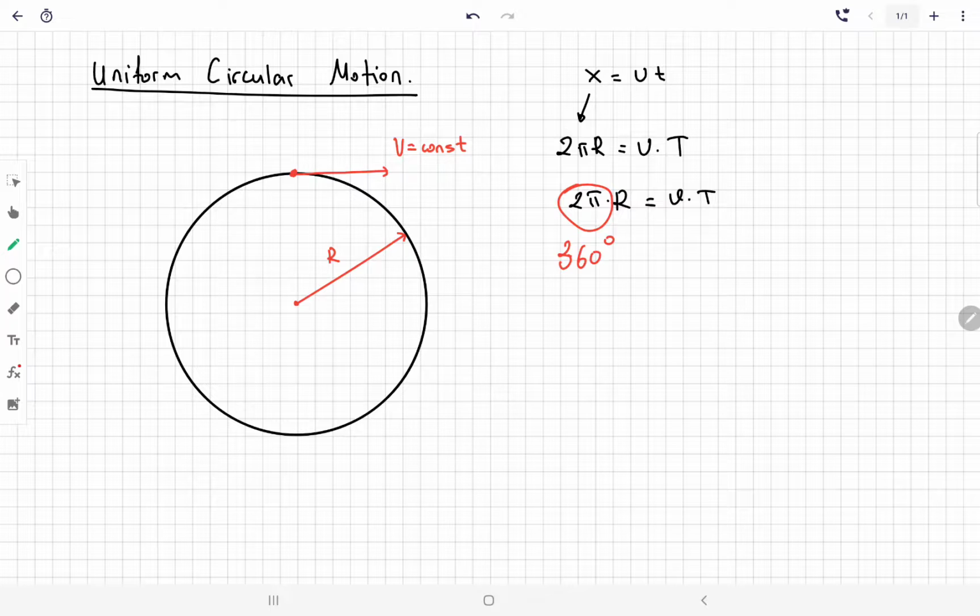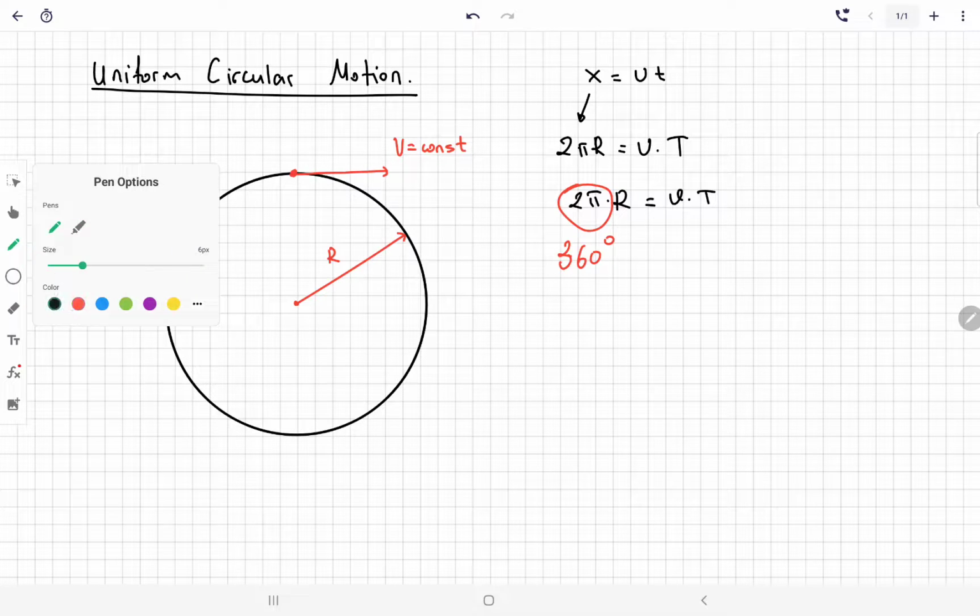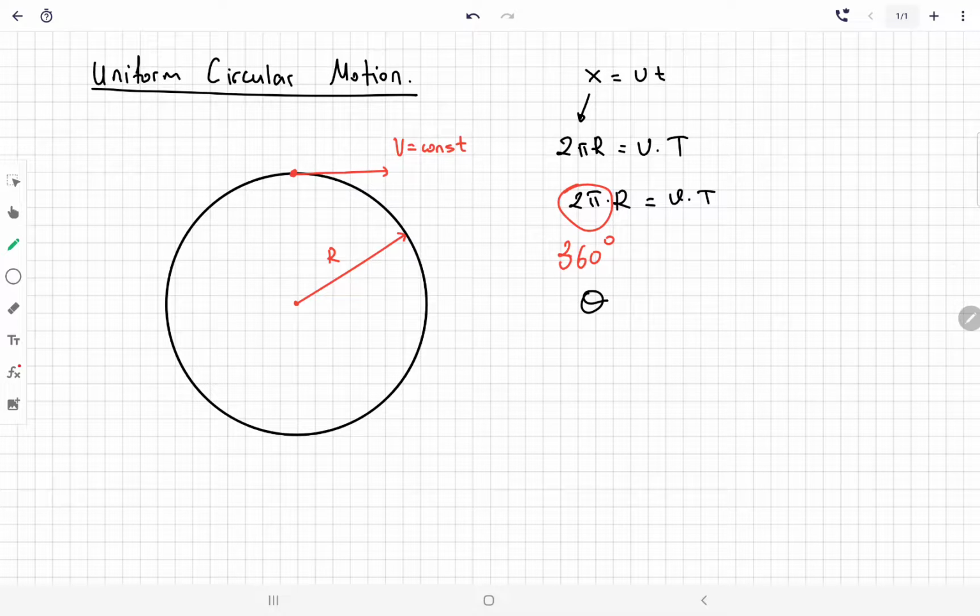So this is basically an angle. So we can say angle theta times radius equal to speed times time. Again, this is not a new formula.